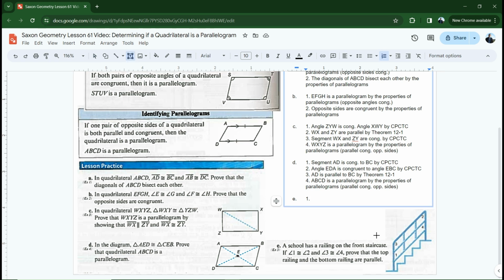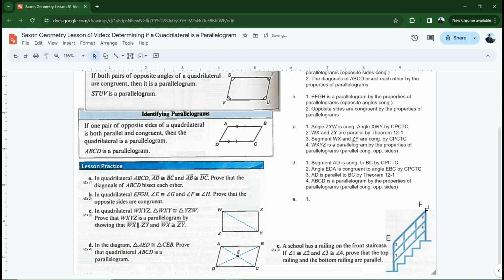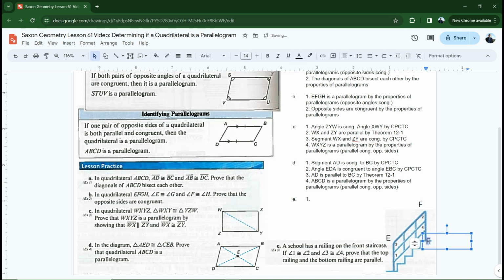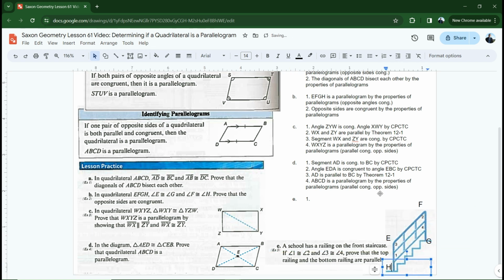Let me just go ahead and do that quickly, because this is going to be really hard without being able to name my parallelogram. By the way, feel free to always add letters to the vertices of these real-world proofs. Sometimes it would just be better if they put them in for you. Okay, E, F, G, and then H down here. So these are going to be the vertices of my parallelogram.